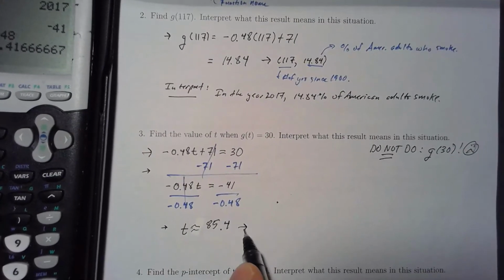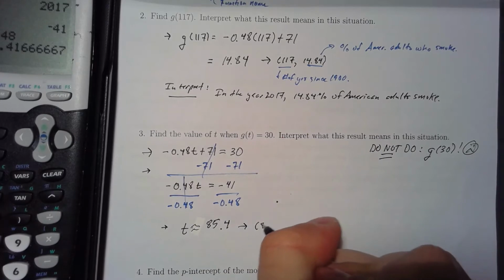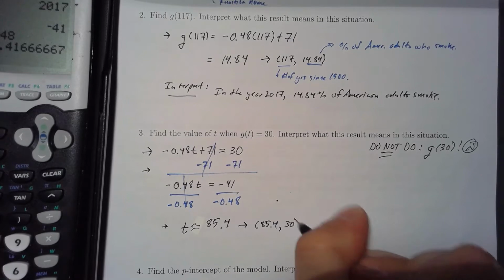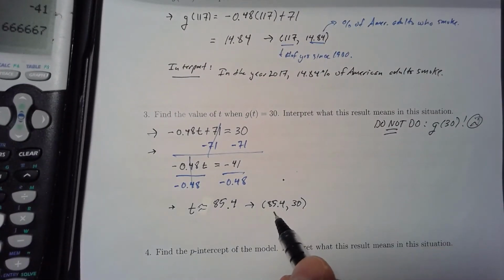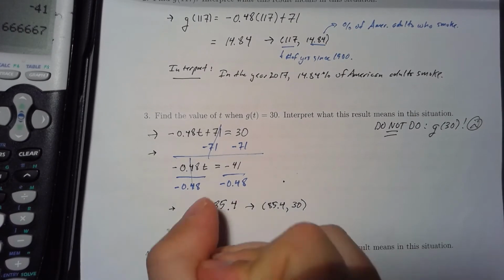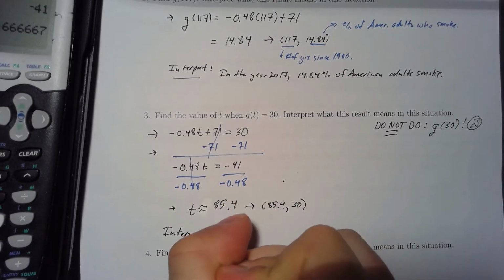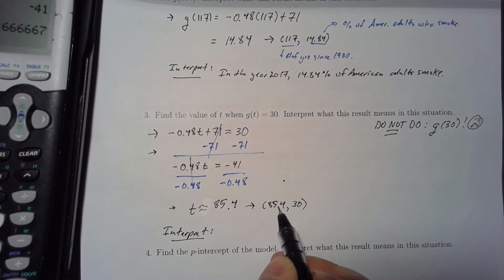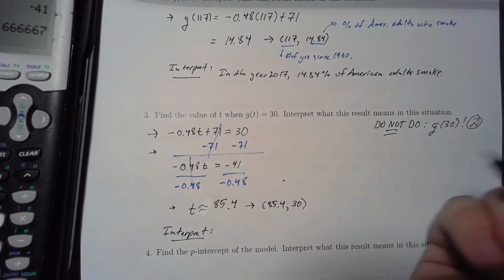Alright, so write this as an ordered pair. Remember, t goes first. T comma p. Again, this is the number of years since 1900. This is the percentage of American adults who smoke. So when you interpret it, you're going to say what? 85 years since 1900 is the year 1985.